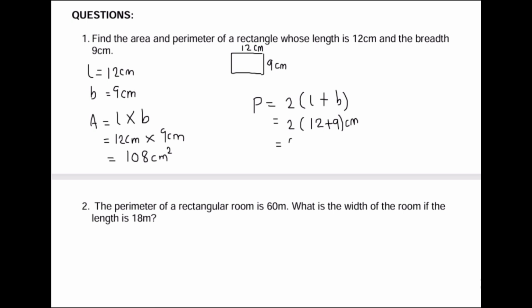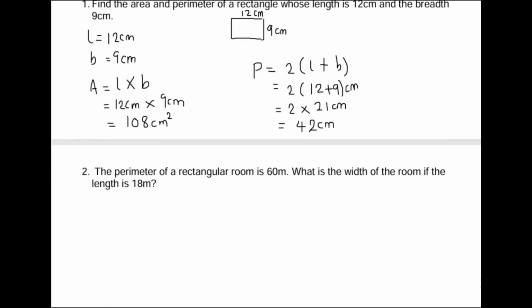So we have 2 times 12 plus 9, that is going to give 21. So that's 21 centimeters. So we have 2 times 21 centimeters. That is going to give 42 centimeters. And we are done. So to the next question.